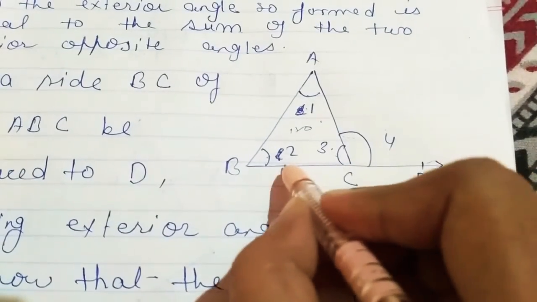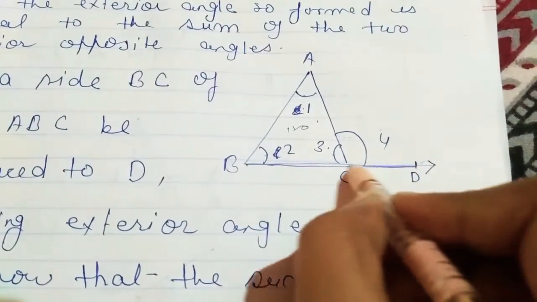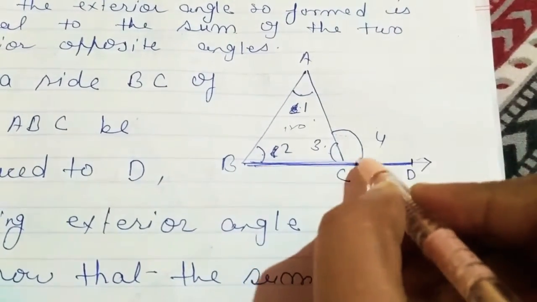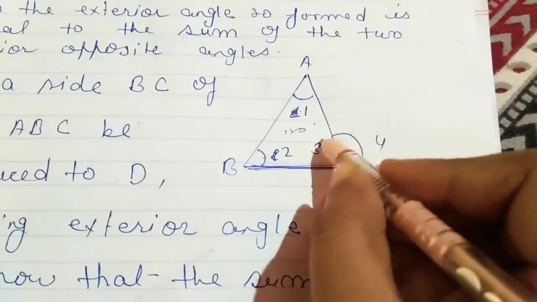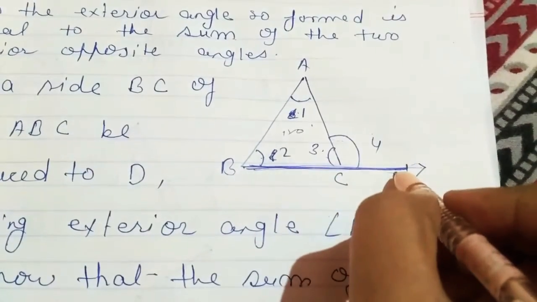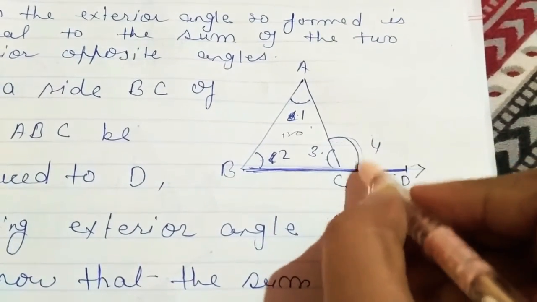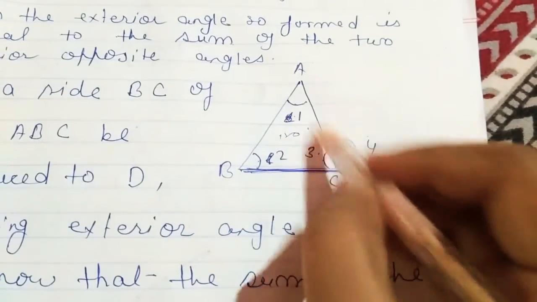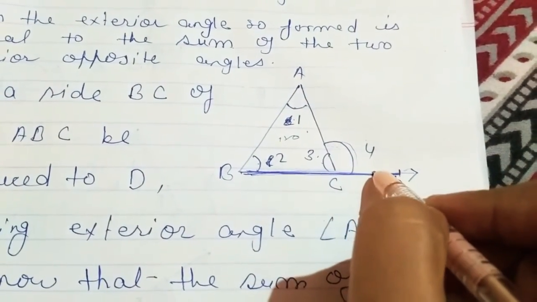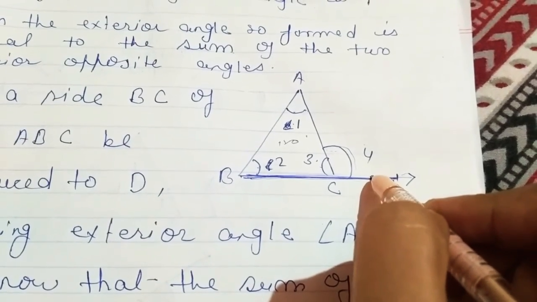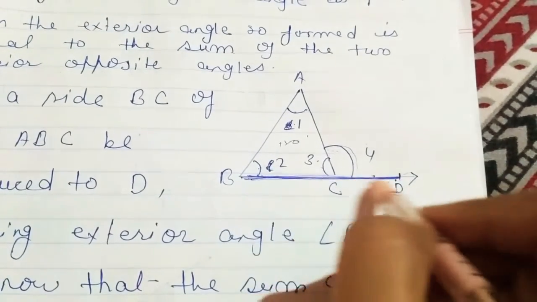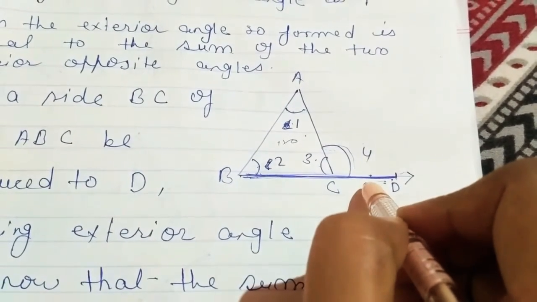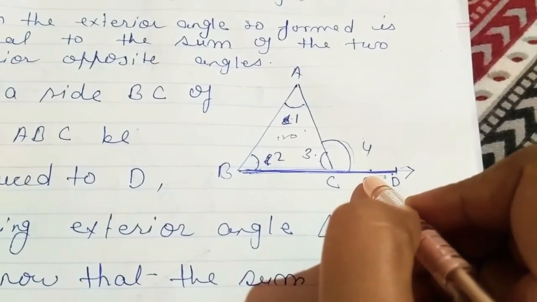And you can see here this is a straight line. Okay, this is a straight line. So angles which are formed here on this straight line, जो angles यहाँ पर form हो रहे हैं इस straight line में, so they are linear pair. And you know that angles which are formed on a straight line, they are equal to 180.